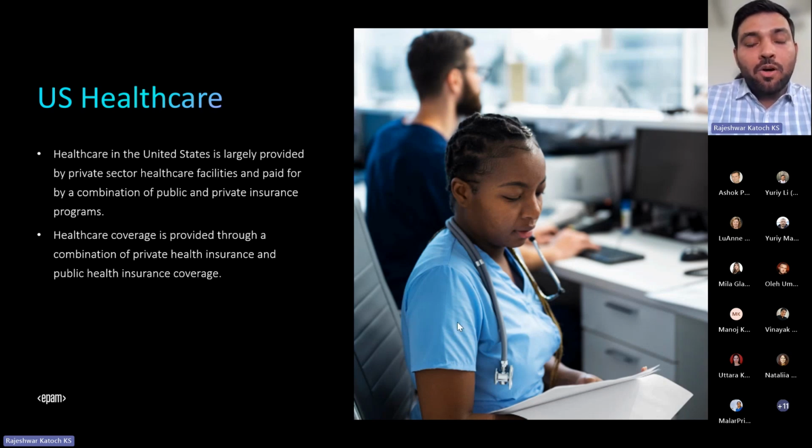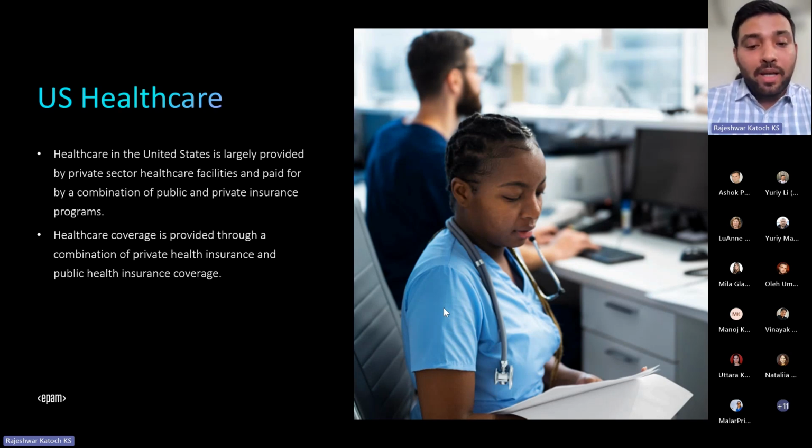It is characterized by complexity, cost, and disparities in accessing those systems. We have health insurers who are at the heart of the US healthcare system, and they provide access to various healthcare services. For example, employer-sponsored insurance is one of the principal sources of coverage.